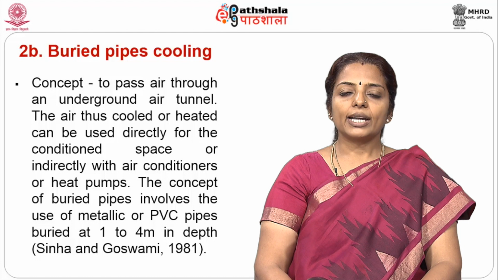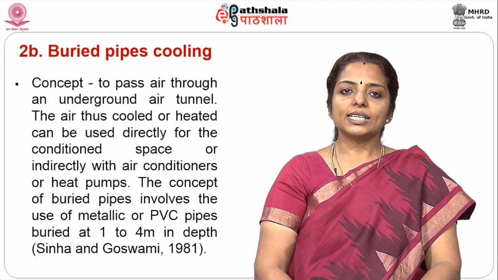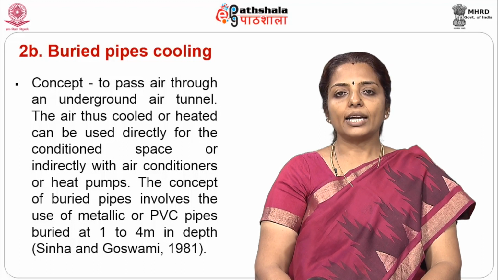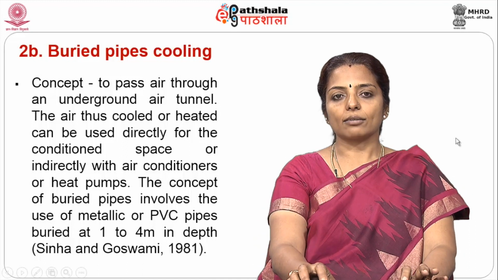In the previous case, heat gain or heat transfer happened because of direct contact with the earth. In this case, heat transfer will happen through a tube which is buried inside the earth. The tube will absorb or radiate heat. The tube will get the heat of the ground which is at 12 feet below the surface, and then that air temperature will be gotten through the tube inside the building.